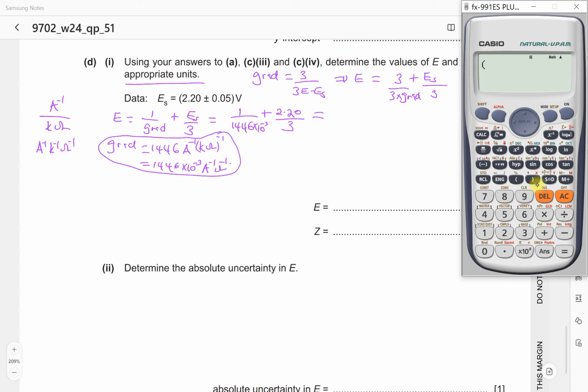So this is going to be 1 divided by 1446 exponent minus 3, then plus 2.20 divided by 3.